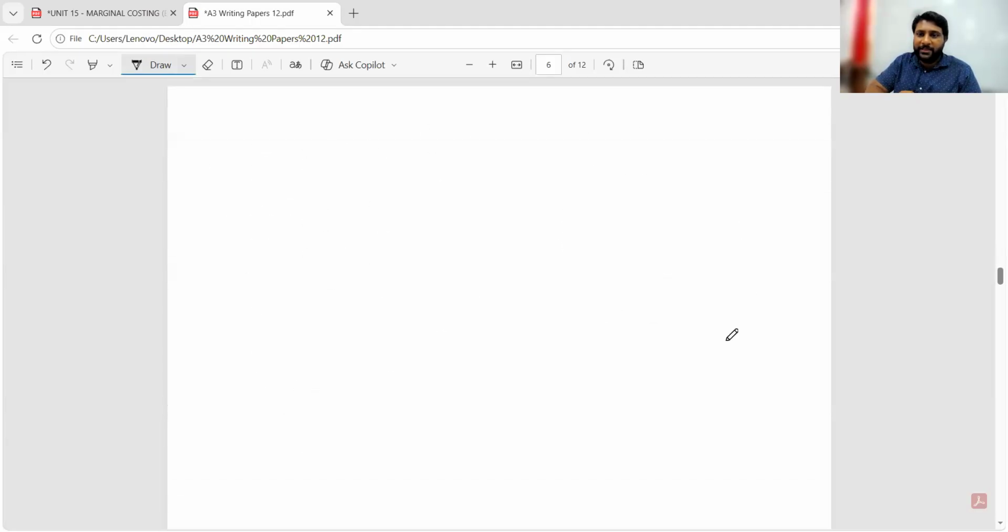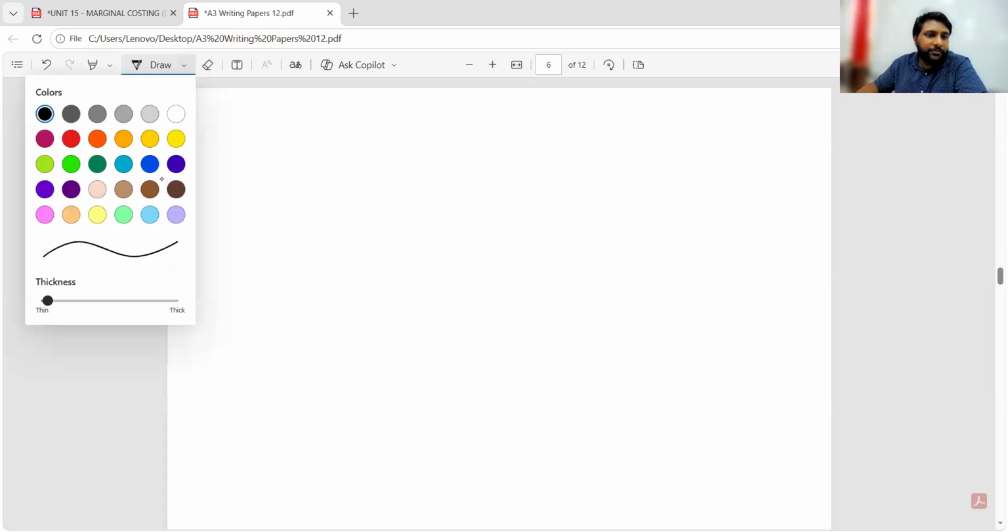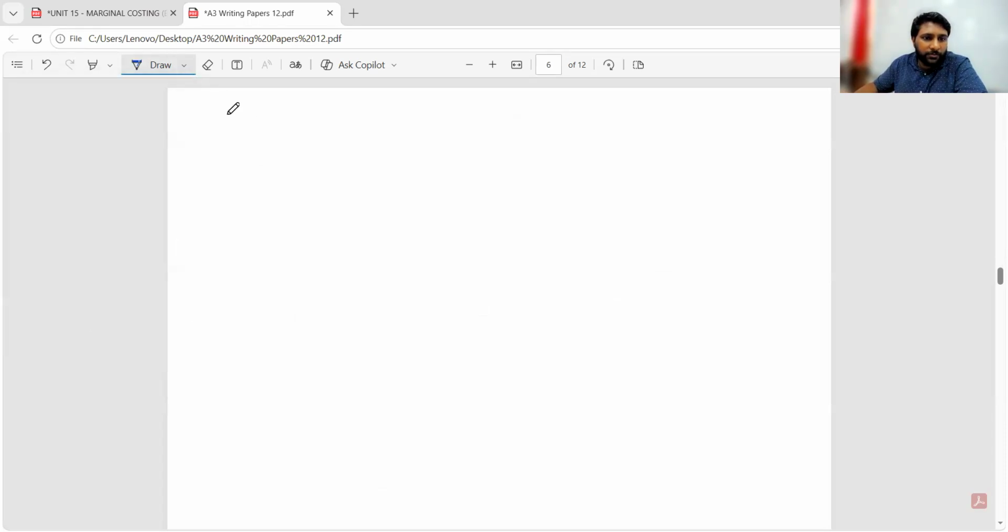Don't write in big letters; write small, so that somehow we'll get it all on one sheet. Write contribution per unit: selling price per unit minus the variable cost per unit.